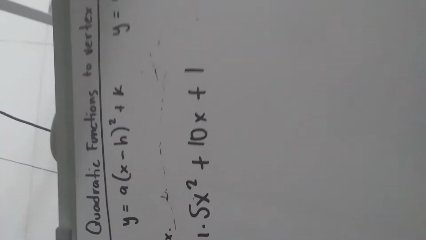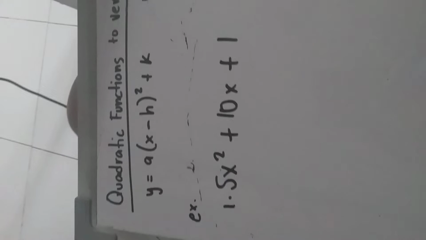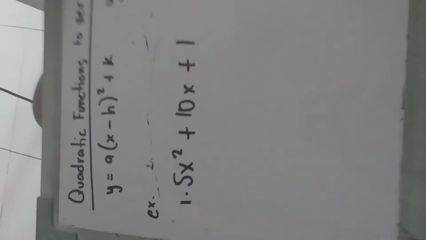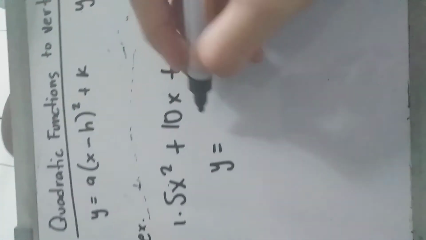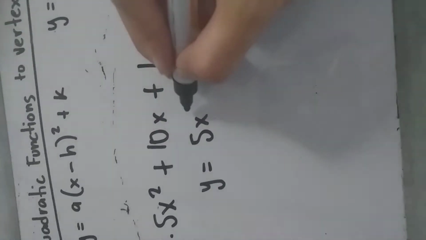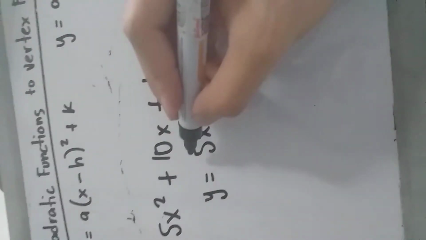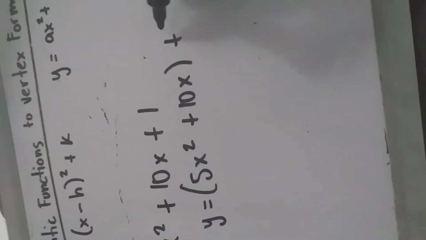Okay, so last example. What if the leading coefficient is not 1? Then the same rule applies. We write the equation, which is 5x squared plus 10x plus 1.